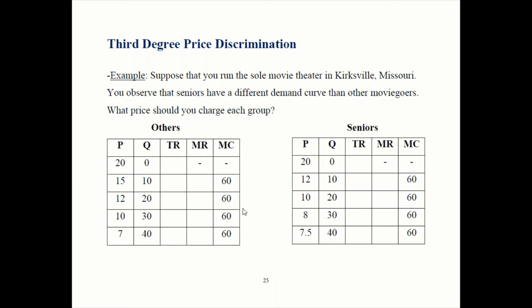That's because most of them are retired, and that means less income, which usually means lower willingness to pay. So go ahead and pause the video here and calculate what price you should charge to each group. Press play when you have finished figuring that out.